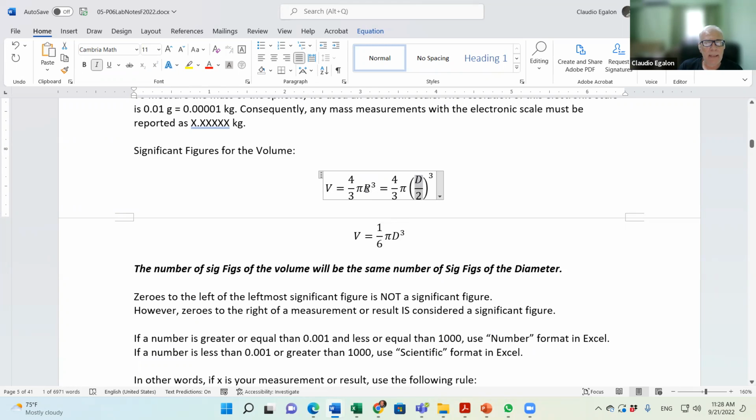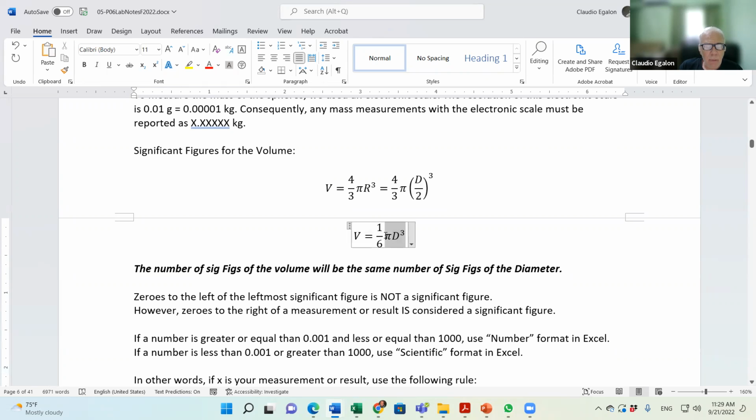We did not measure the radius with the ruler or the vernier caliper. It's very difficult to measure the radius with those instruments. Instead, we measure the diameter. So we must write this equation in terms of the diameter, which ends up being 1/6 pi d cubed. Diameter to the cube.